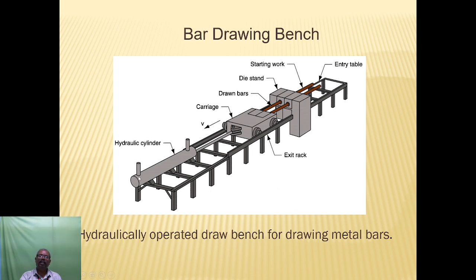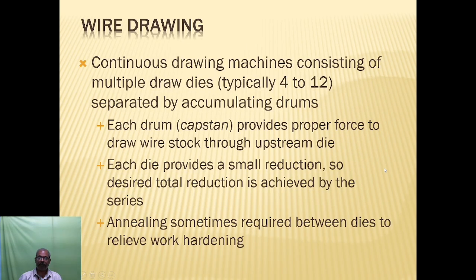There is a hydraulic cylinder which is used to pull the bars through the die opening. This is a die stand. The carriage is connected to the hydraulic cylinder, so when you use the hydraulic cylinder, we pull the drawn bars through the die opening.